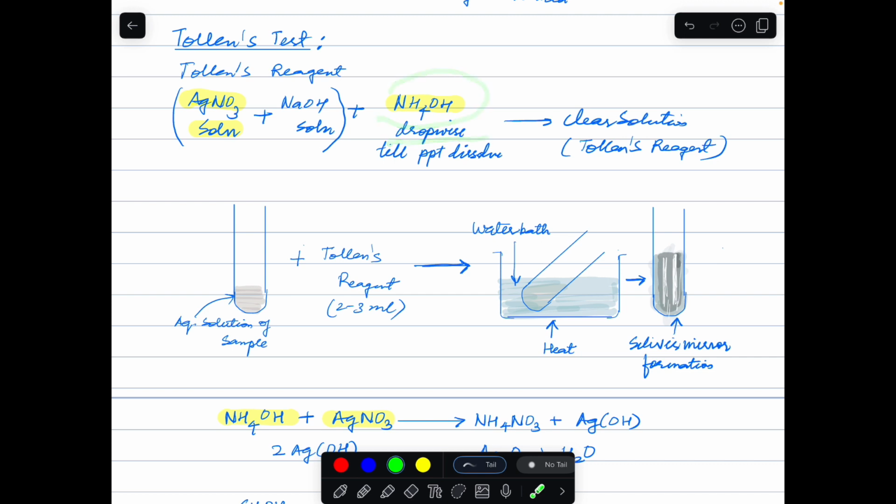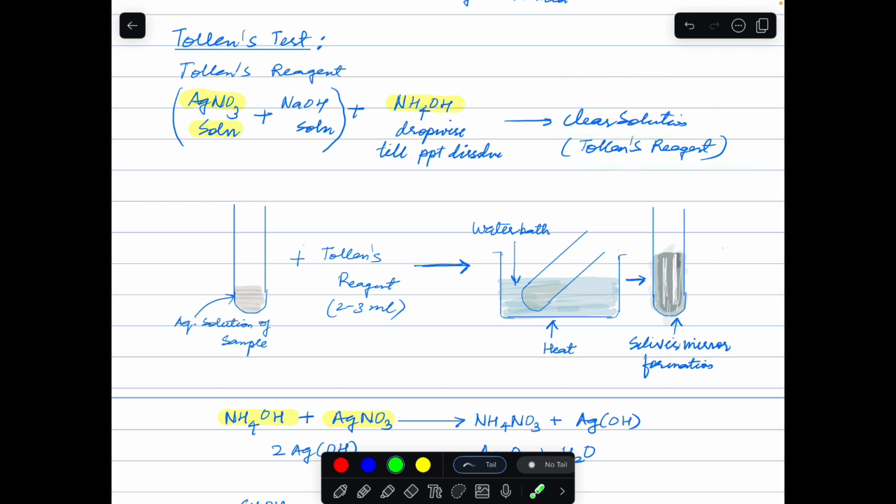When we mix these two, you will get a precipitate, and after adding ammonium hydroxide dropwise, the precipitate formed after mixing the first two will dissolve in the medium, and you will get a clear solution which we call Tollen's reagent.